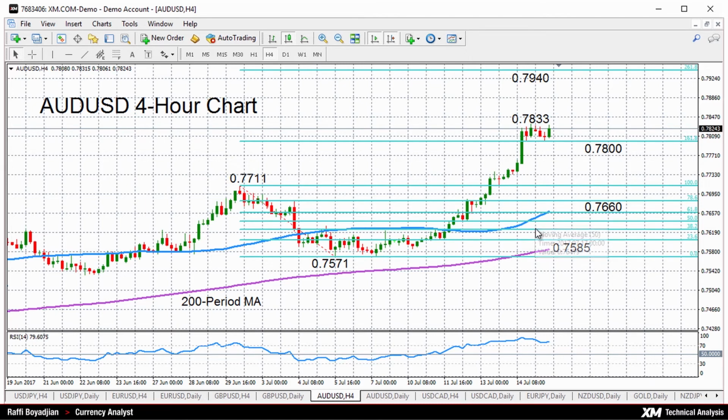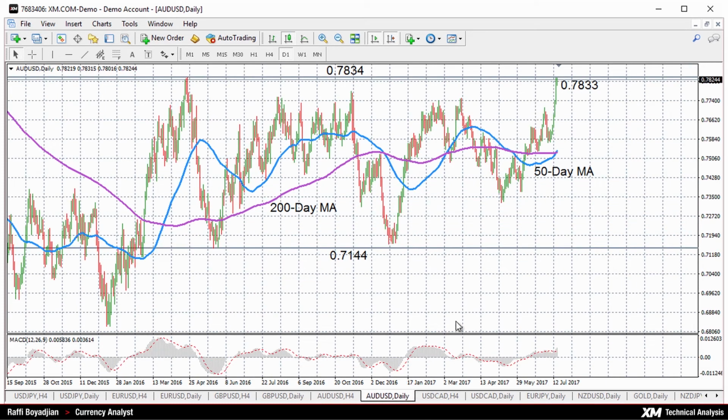On the upside, well, the RSI is already into overbought territory. It's well above 70, so it is looking overstretched, but should we see more gains, we should get resistance coming from the 0.7940 area. That's the 261.8% Fibonacci level.